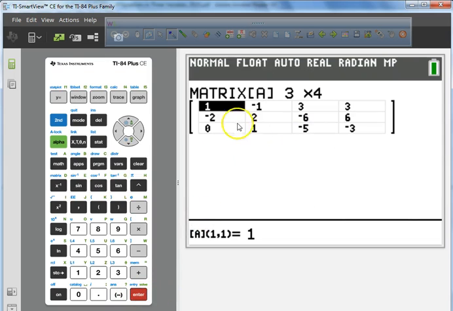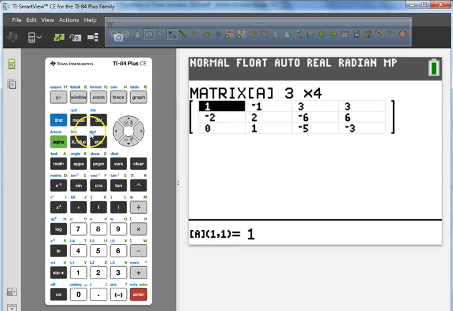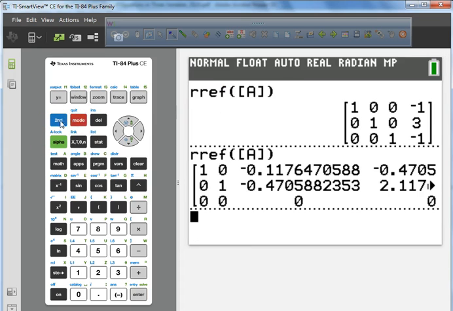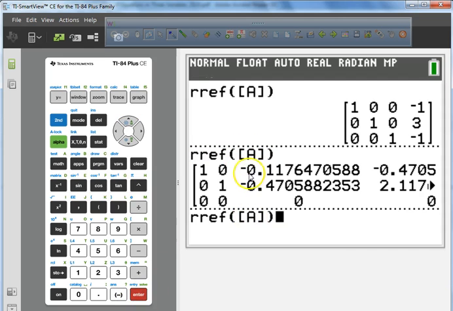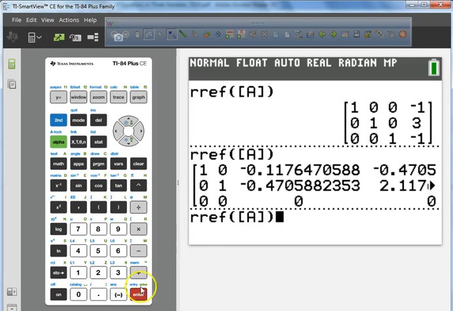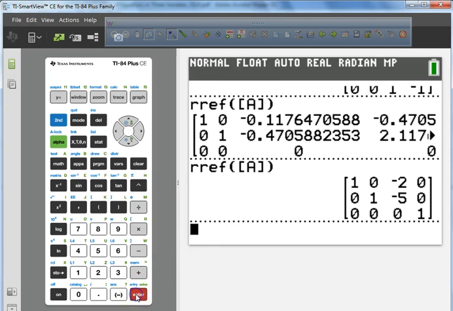So check this out. We know our answer is no solutions because we did this yesterday. But check out what happens when we evaluate it using reduced row echelon form. Remember, we just changed our matrix. This matrix A is now different than this matrix A, because we edited it.